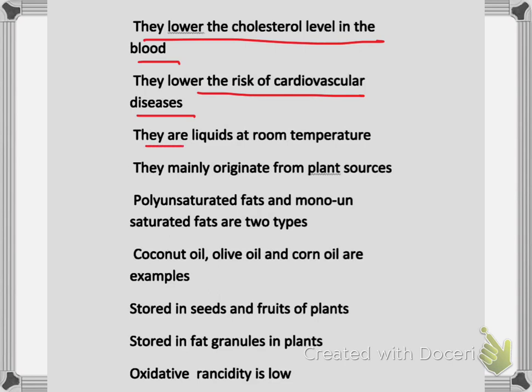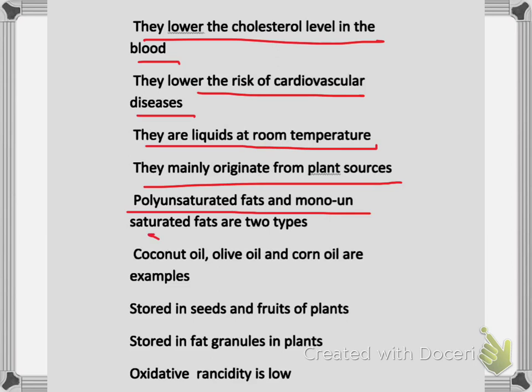Oils are liquids at room temperature, while fats are solids at room temperature. Oils mainly originate from plant sources. There are two types of oils: polyunsaturated and monounsaturated.